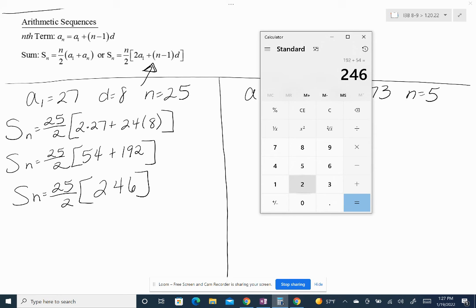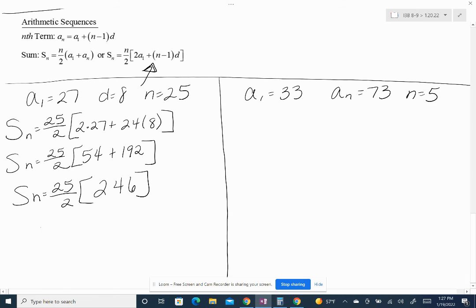And then now we're going to have 25 divided by 2. Multiply that by 246. That gives us 3,075. And that would be your final answer.